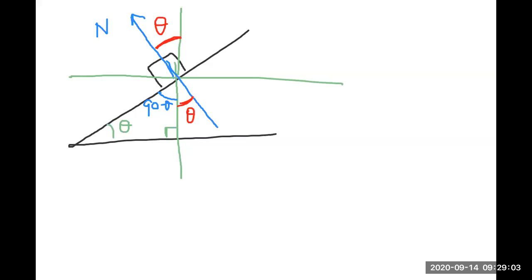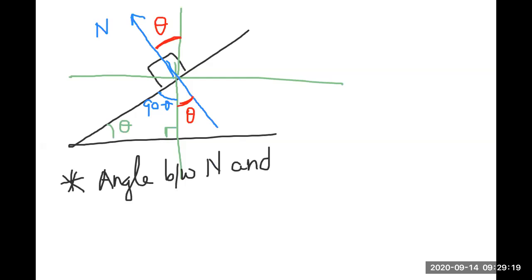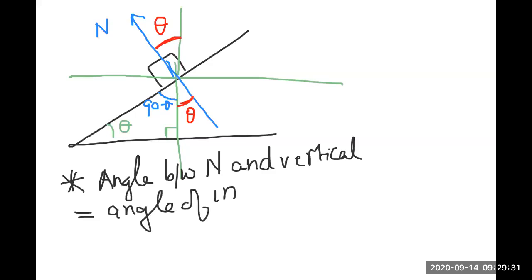So the thing that you need to remember is that the angle between normal reaction and the vertical is always equal to the angle of the inclined plane.